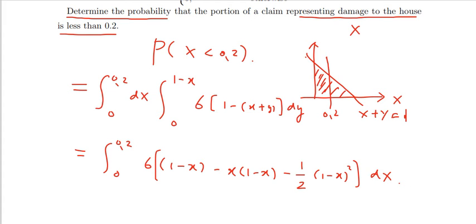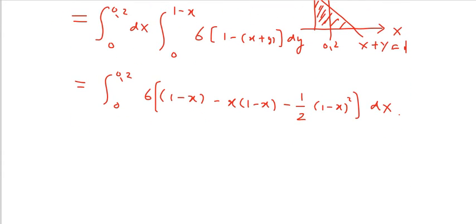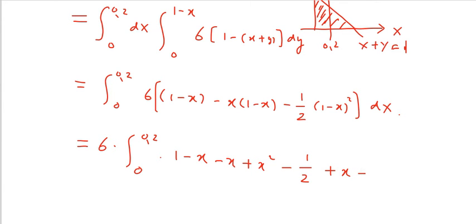Then simplify a little bit. So 1 minus x plus x squared, minus half of the square, so plus 2x plus x, minus half x squared, right?